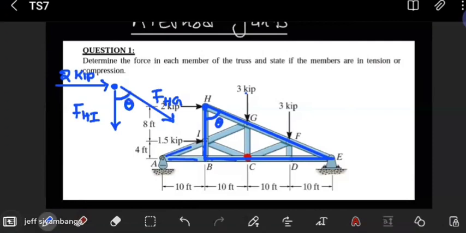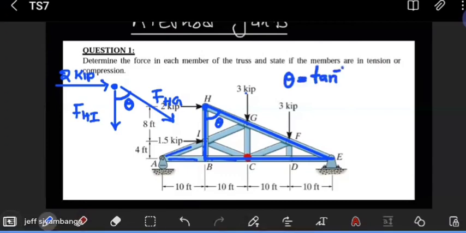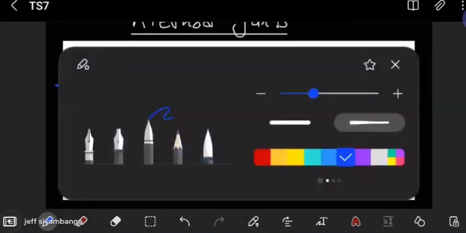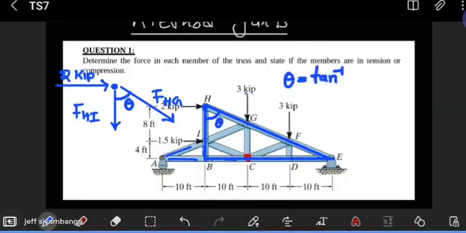So that angle will be given by tan inverse. And the sides, the opposite will be from B to E, which is 30. The adjacent will be from H to B, which is 12.